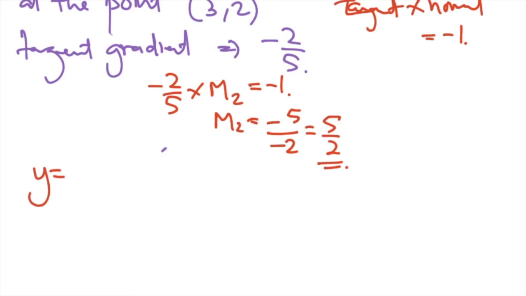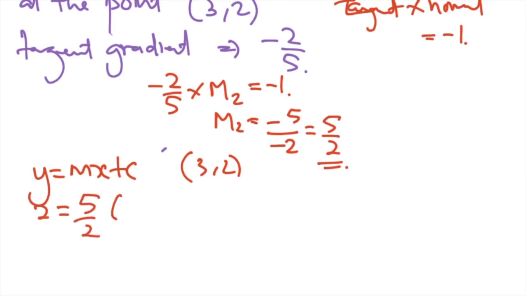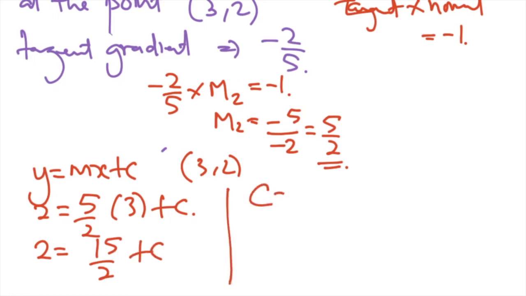So find the equation, y equals mx plus c. The coordinates given, (3, 2), you just plug in inside. So 2 equals 5 over 2 times 3 plus c. So 2 equals 15 over 2 plus c, so c equals 2 minus 15 over 2, so c equals -11 over 2.